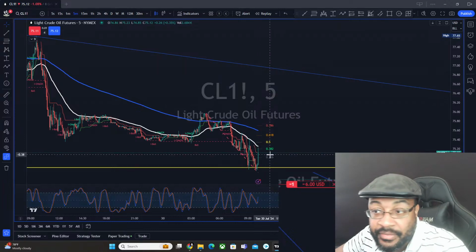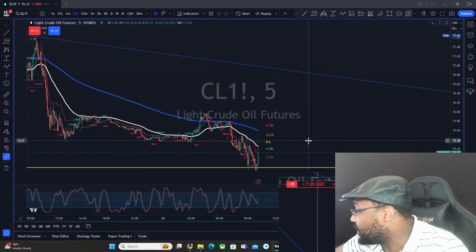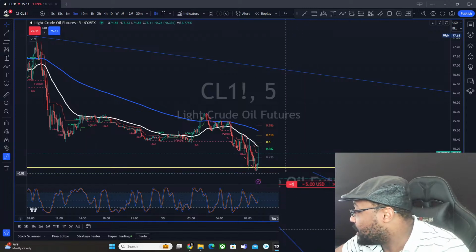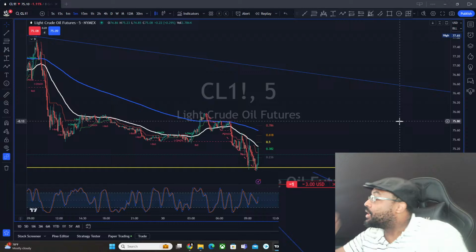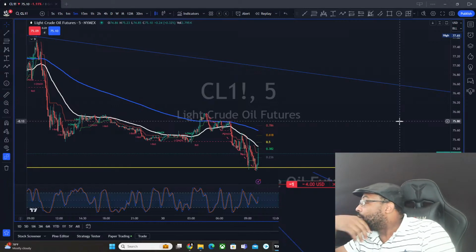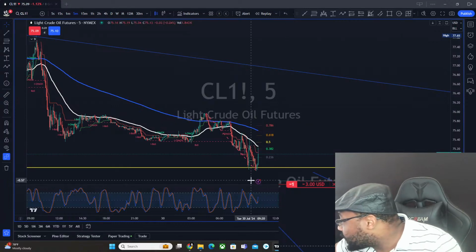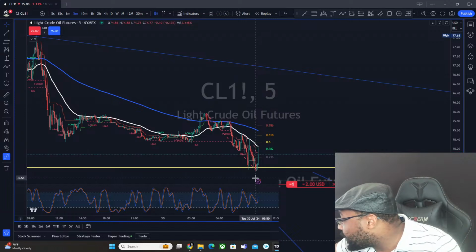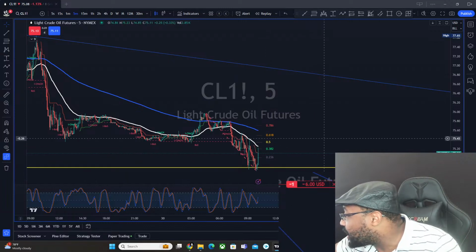That's not a good sign. That's not a happy situation. I want that break at 7480. We had to close below here at 950 and then start making higher lows since.